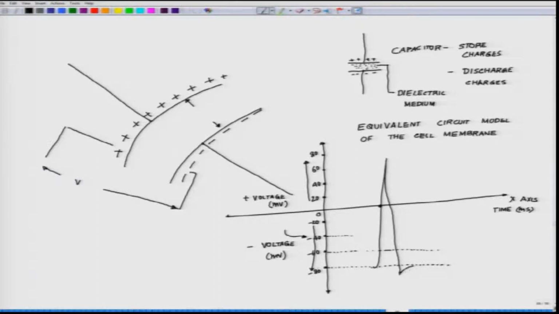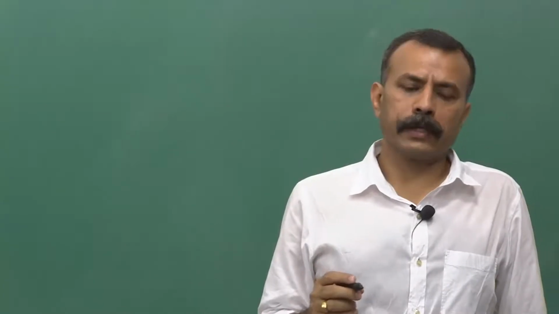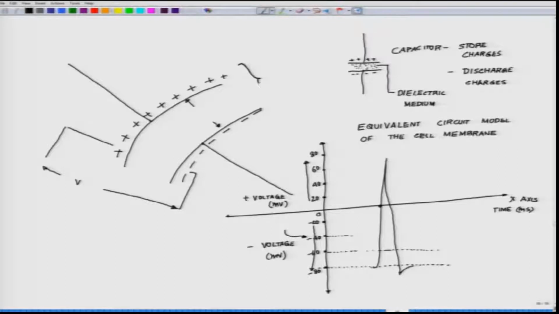Here, just before I get further, the cells remain in what is called a polarized state. This is a word which you will come across in any neurobiology or neurophysiology text. The cells are polarized. That means that there is a polarity across the cell, and I think after looking at this diagram, it is clear why it is said the cells are polarized, because there is a polarity across it.